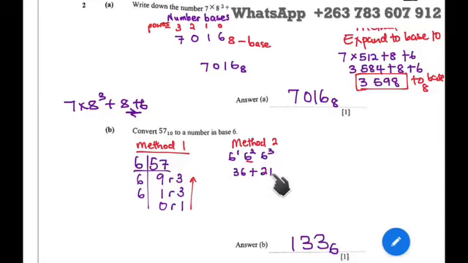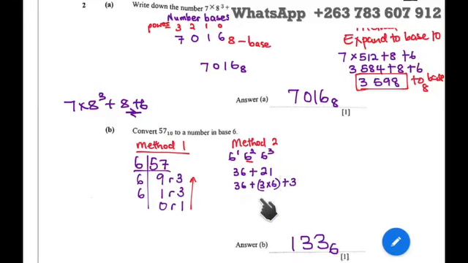How many 6 to the power 1s do we have here? We have 3. So we can write it as 36 plus 3 times 6, which gives us 18. Then we have a remainder of 3, so we put a plus 3. So 36 plus 18 plus 3 still gives us 57.